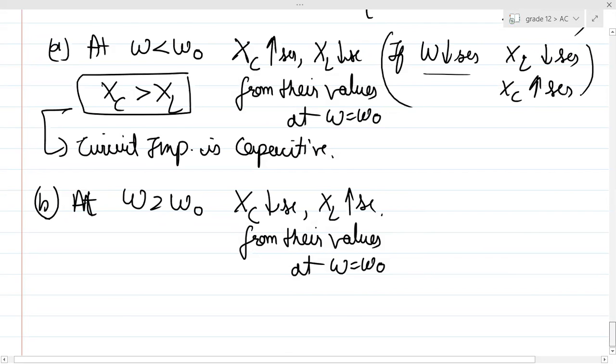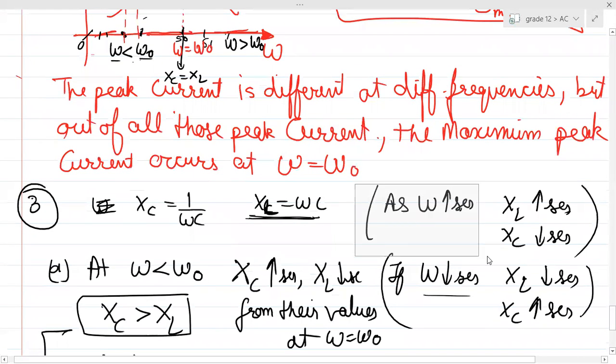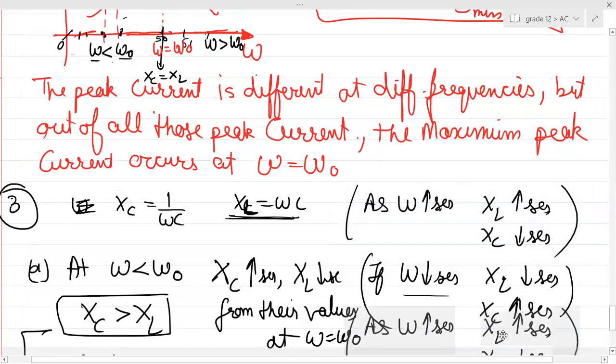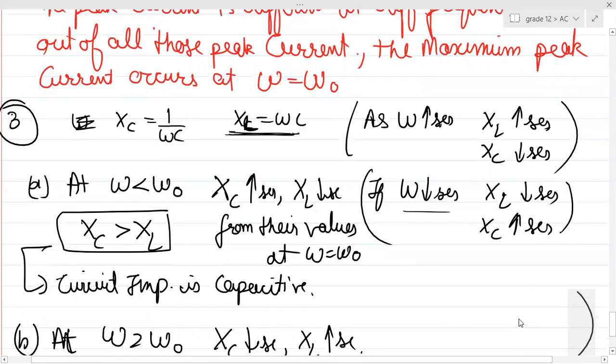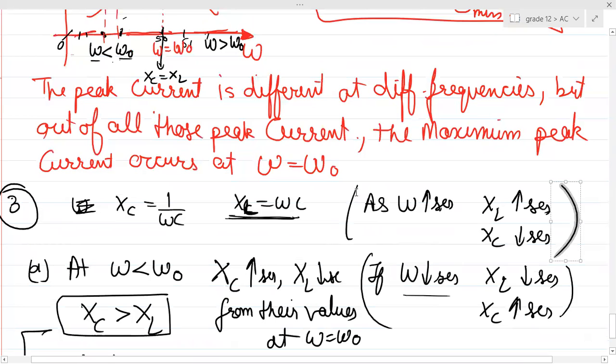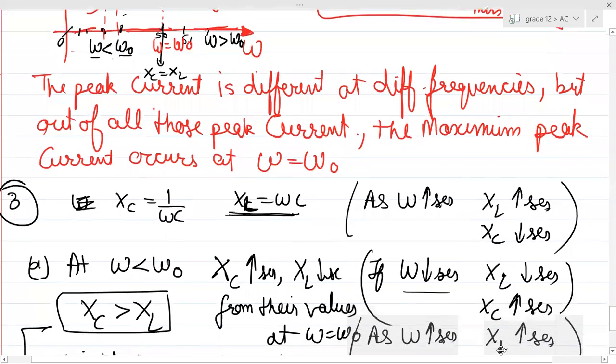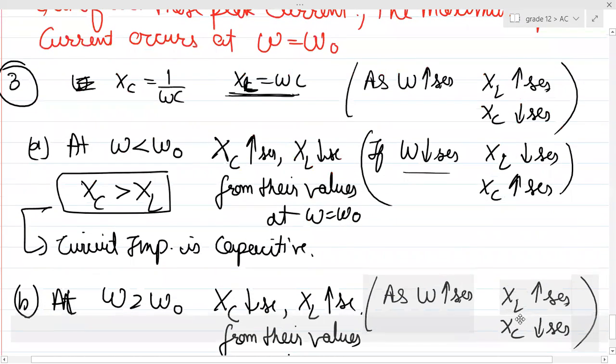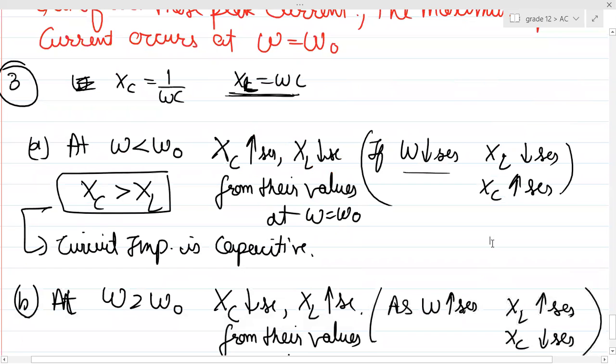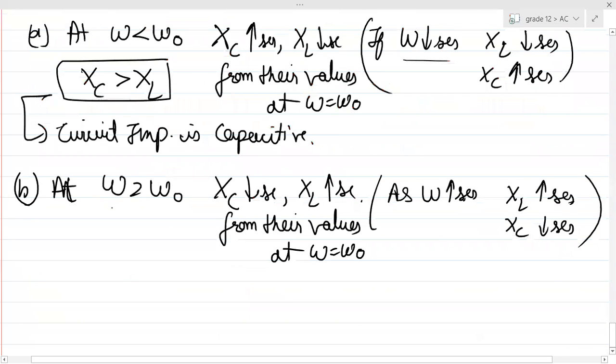Right? So at this particular instant, we can say that XL becomes greater than XC, or you can say XC becomes less than XL.